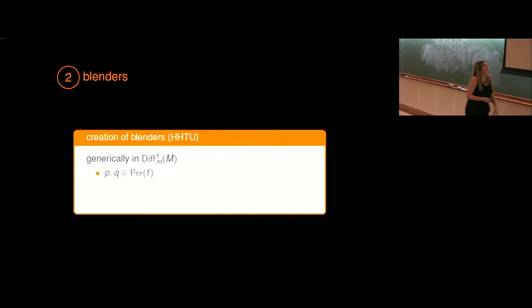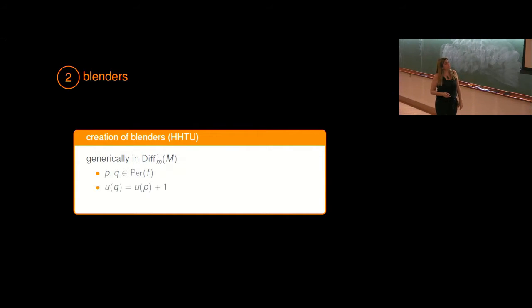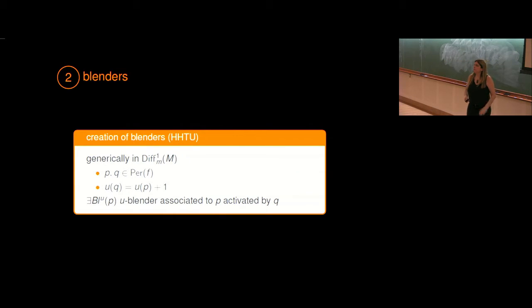There are two magic things about blenders that I want you to remember. One thing is that generically, if you have 2 points of co-index 1, then you have a blender. You have a U blender associated to P and activated by Q. They exist generically. Every time you have 2 co-index 1 points, then you have a U blender.